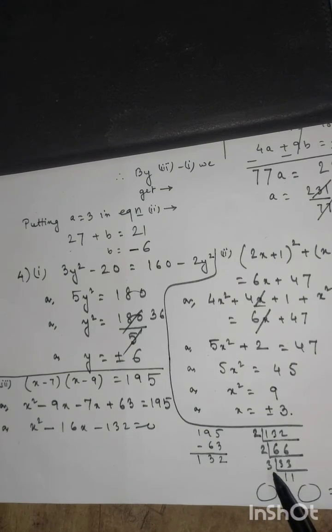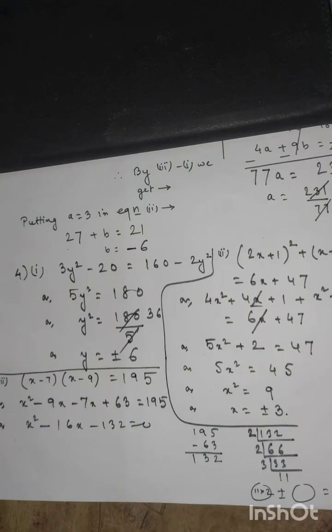So if we write 11 into 2 in our first group, and if we write 3 into 6 in our second group, then we get 22.